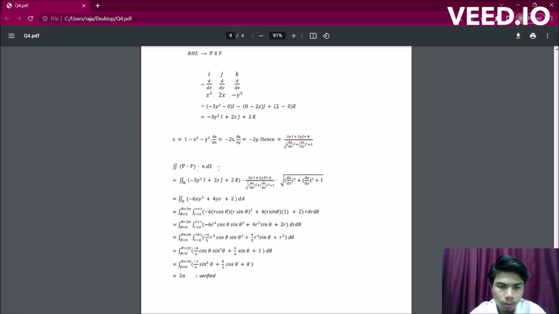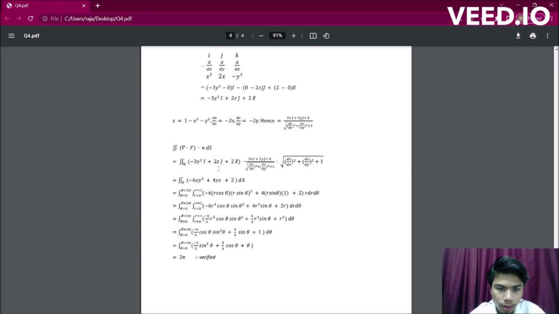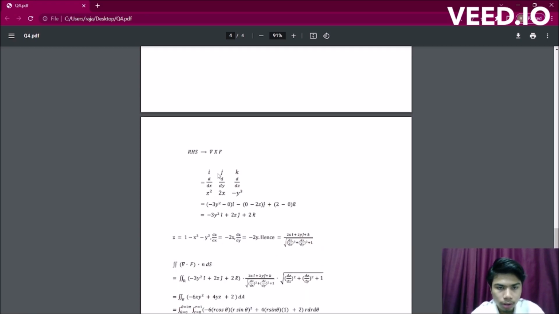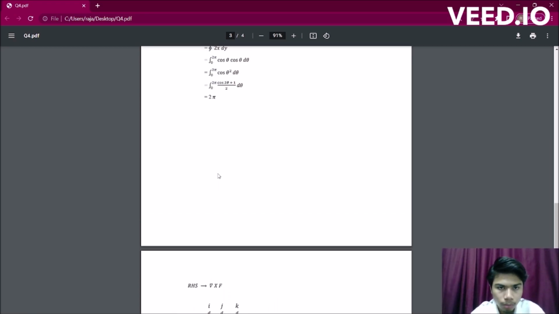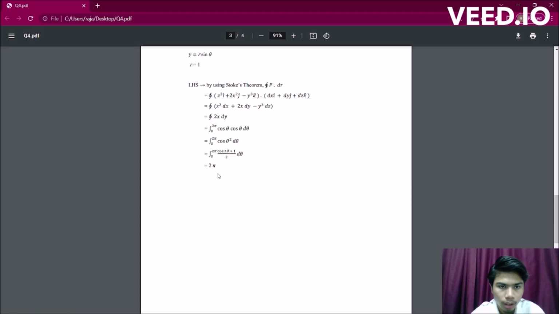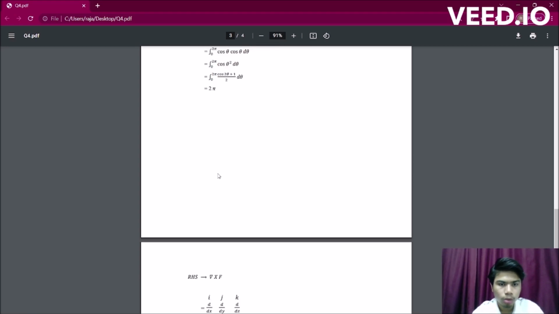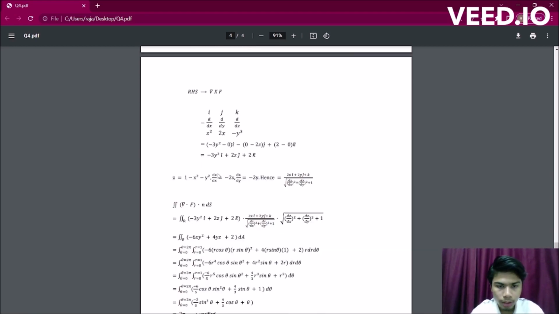After that, we must use the double integral of curl f dot ds. After that, we will get the answer 2 pi. So the answer will be the same as the left hand side, so the value of 2 pi is verified.